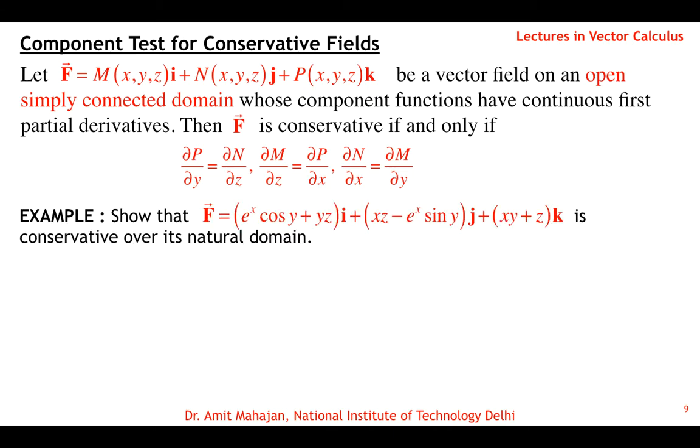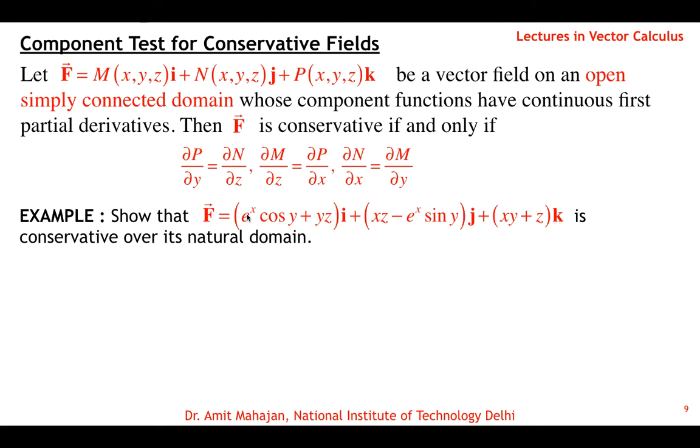Say I take two examples here. The first example is to show how we can prove the field is conservative, and the second is how we can calculate the potential function. So, show that this field is conservative over its domain. The field is Mi plus Nj plus Pk.